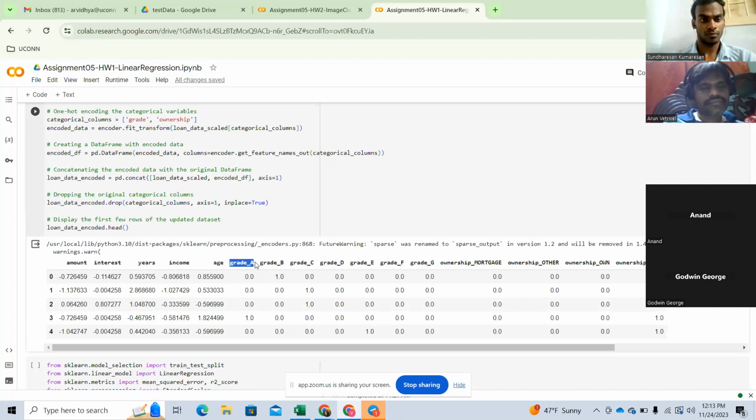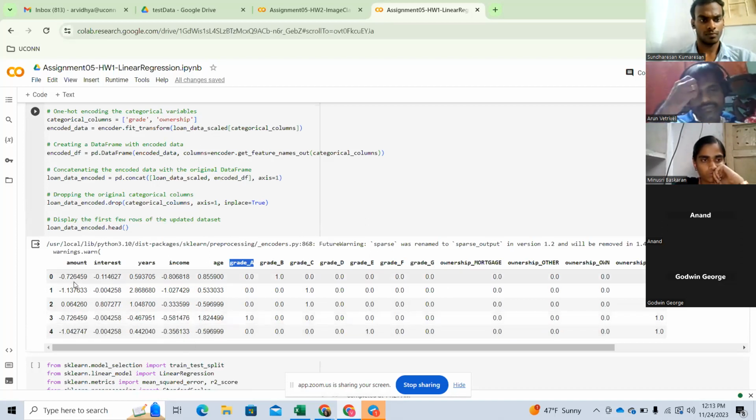As you can see here, there are grade A, B, C, D, and E, and for corresponding data points, if the grade is B, then it gives a value 1, and for others it gives value 0. This is what one hot encoding does. The same has been applied to ownership status also, and the numerical values are standardized here.